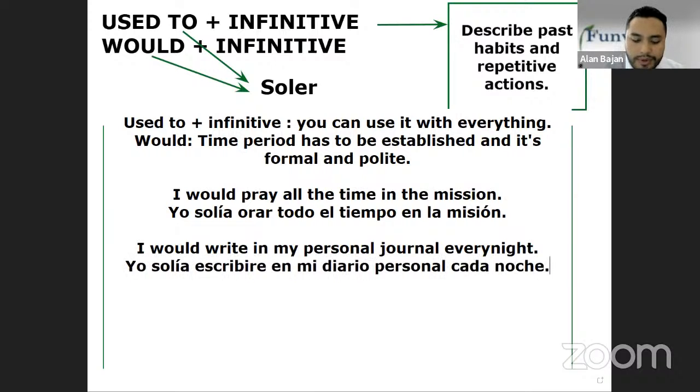What is the time period here? Every night. So I need to establish that. With used to, it's not necessary.